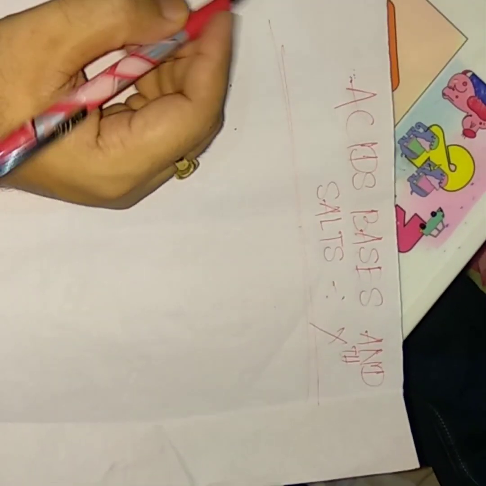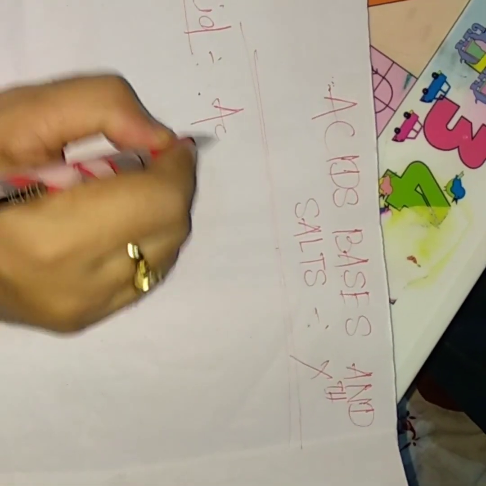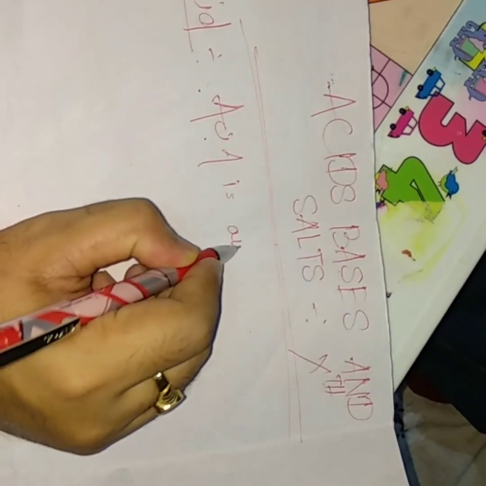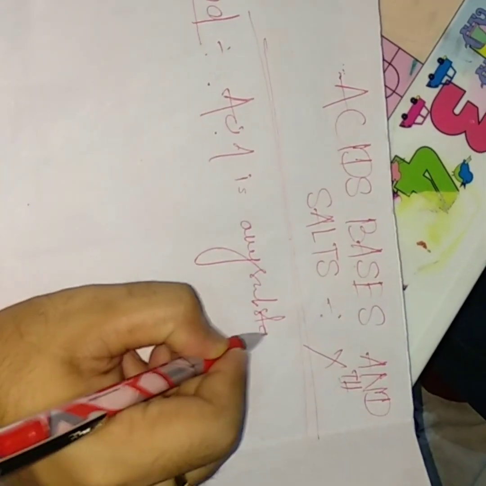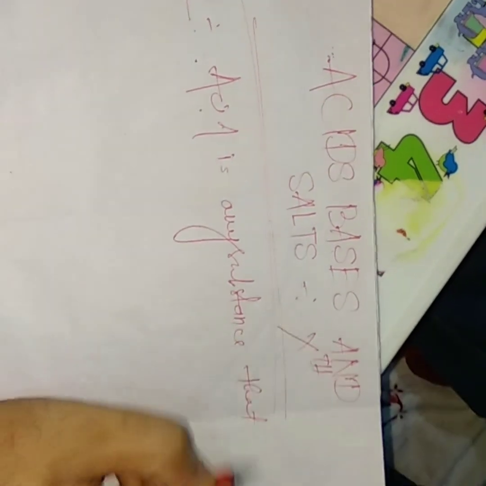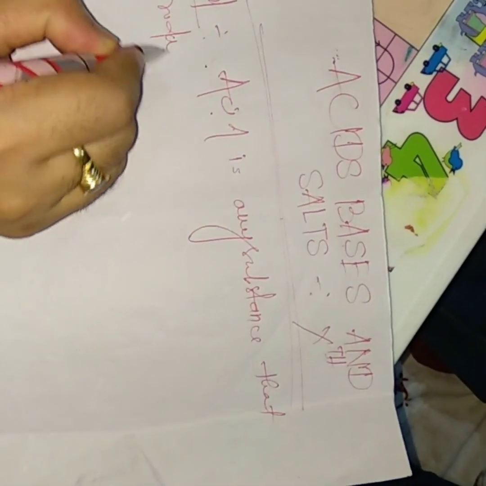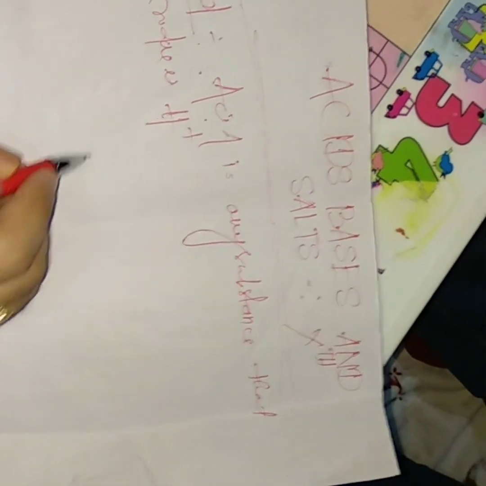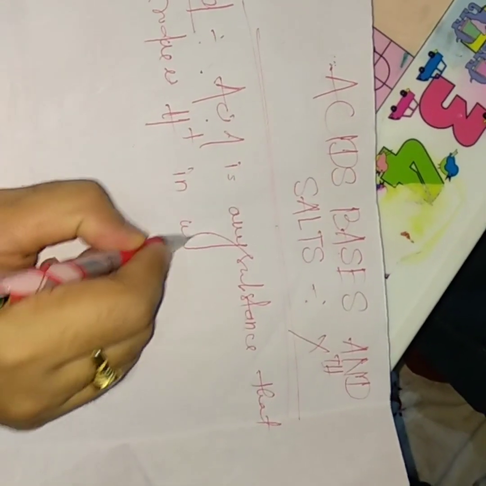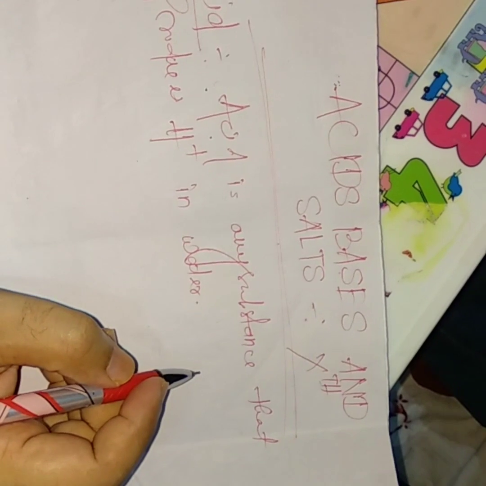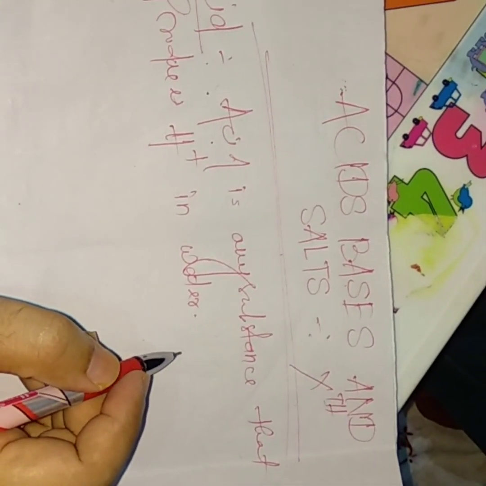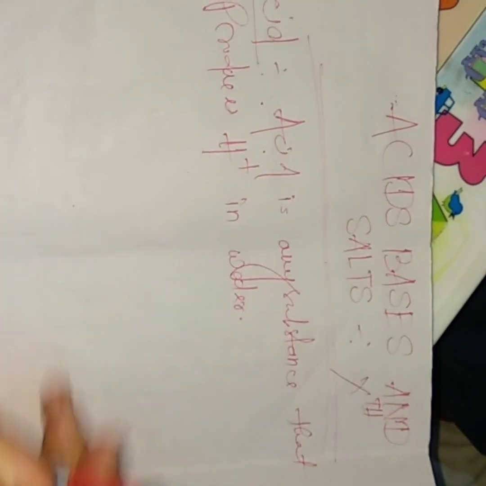Clear? So first, what do you mean by acid? See, what is the proper meaning of acid? Acid is any substance that produces hydrogen ions in water. Acid is a substance that produces hydrogen ion in water, only in case of water.